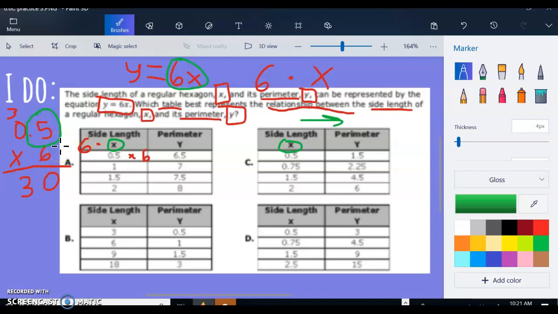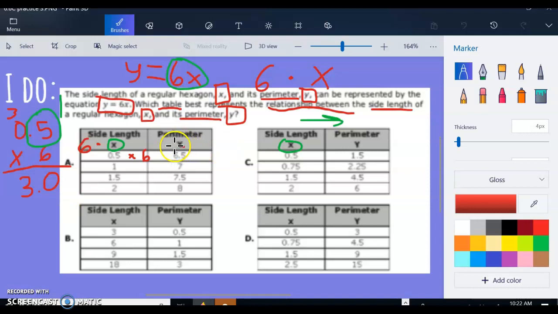I'll say that again. The amount of decimal places in your problem is going to be the amount of decimal places in your answer. So we have 1 decimal place in this problem up here. Therefore, we're going to have 1 decimal place in our answer. Your answer is going to be 3.0.